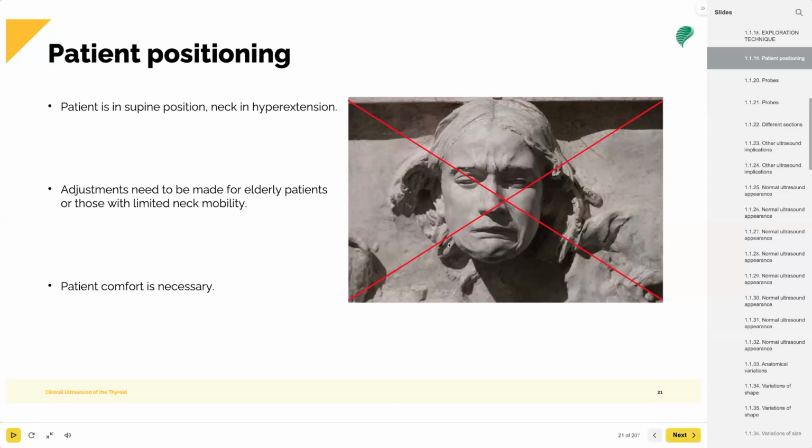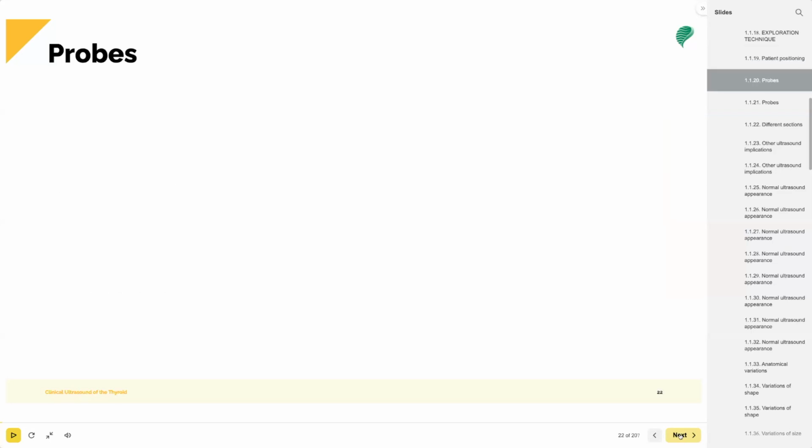Adjustments can be made for elderly patients in terms of positioning as well. But comfort, I would say, is definitely number one. Please keep in mind that some of the patients have diseases, pathologies that they're dealing with of the thyroid, and it can also sometimes put them in a bad mood. So always try to be very, very nice and make your patient very comfortable.